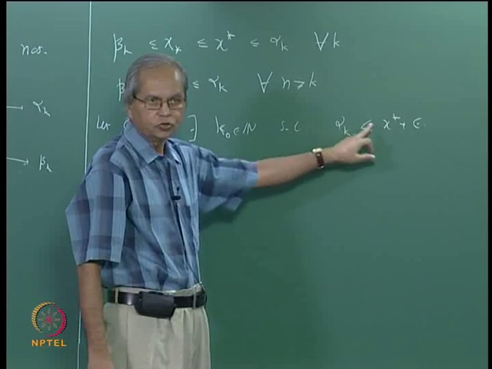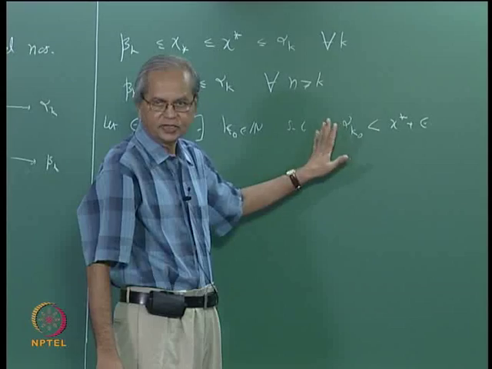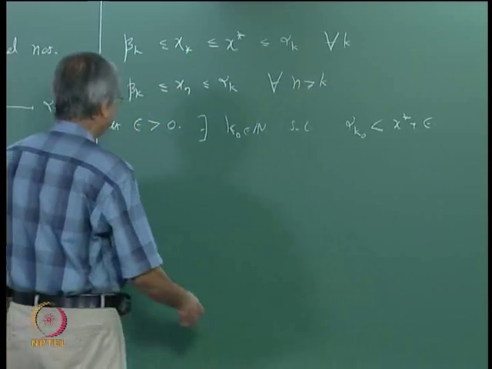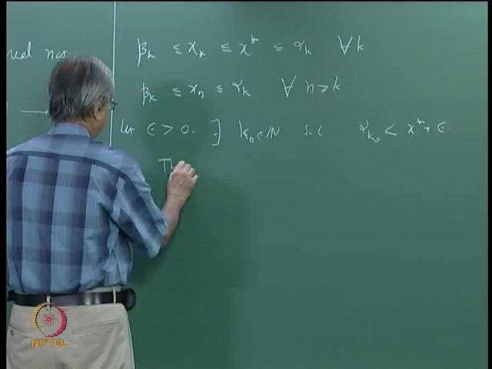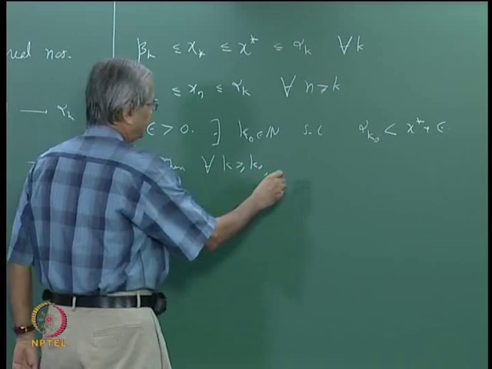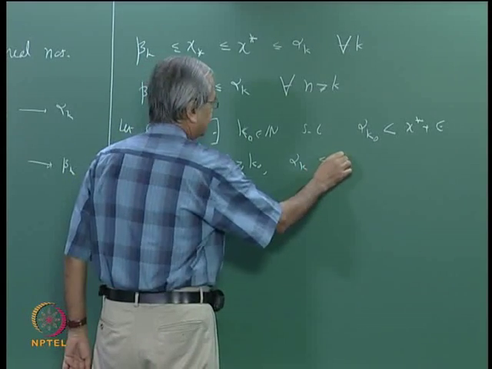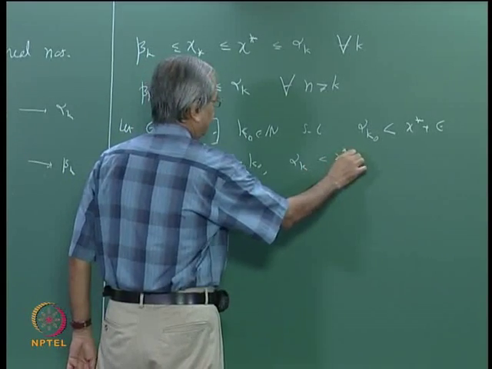So they will all be less than x star plus epsilon. So then we can say that for all k bigger than or equal to k naught, alpha k is less than x star plus epsilon.